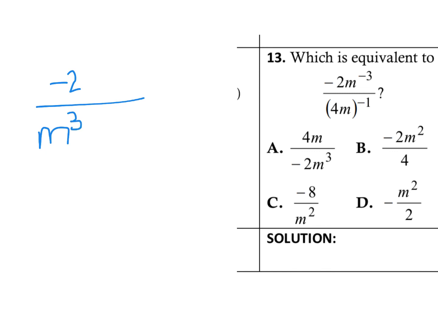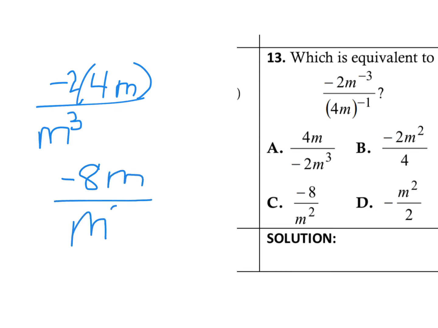And on the bottom, that 4m is a negative, so we are going to put it to the top and make it positive. All right, so if we multiply the negative 2 and the 4, that gives me negative 8m on top and m cubed on bottom.